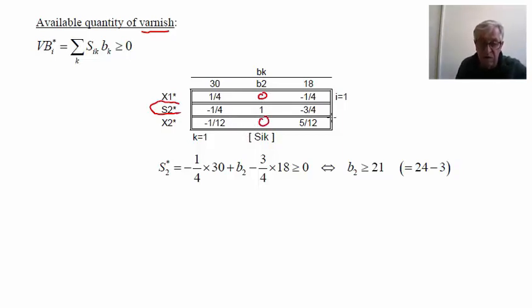So we can write only the equation for the second line. The internal product in this case involves these parameters that we have here. Solving for b2, we see that b2 must be greater than 21.